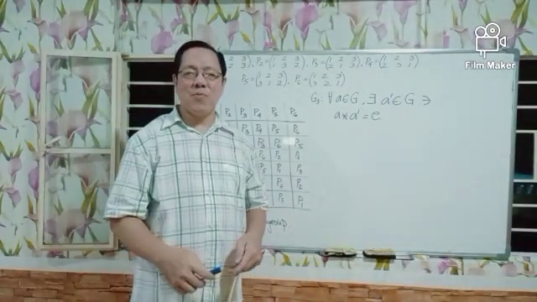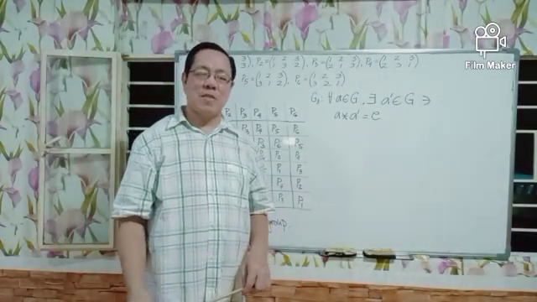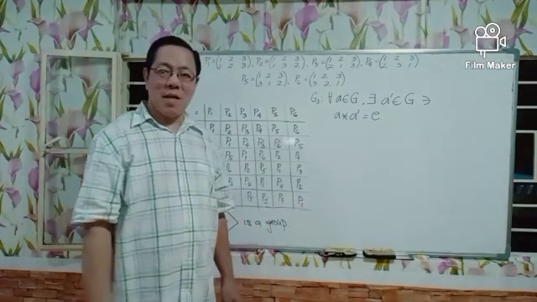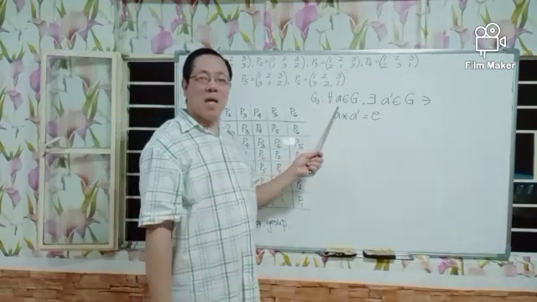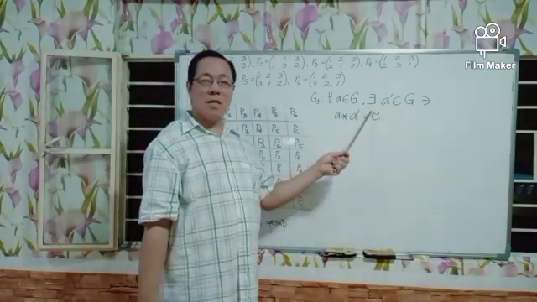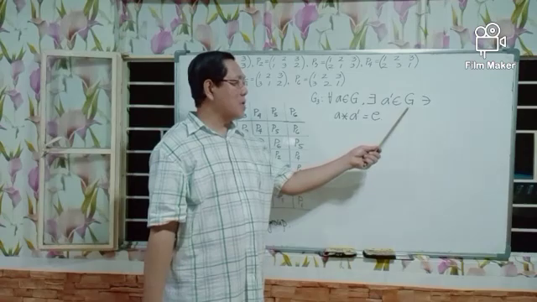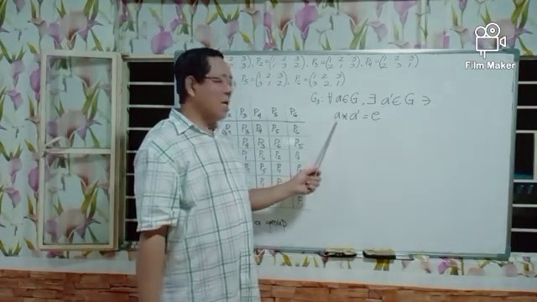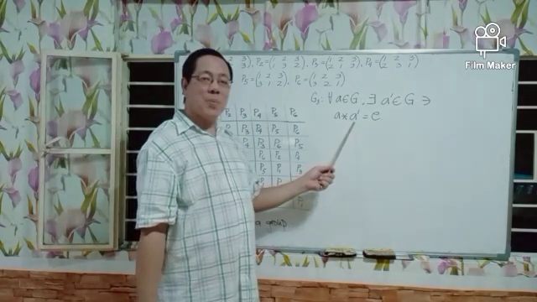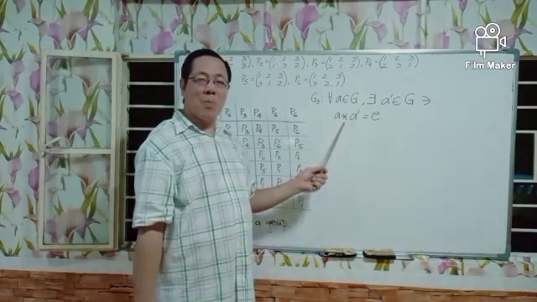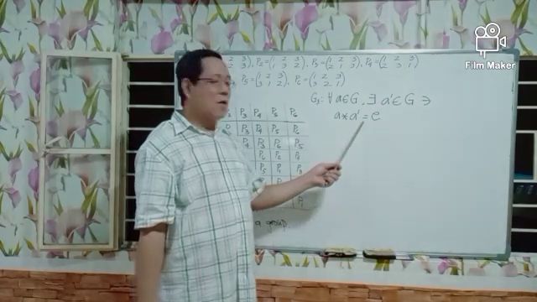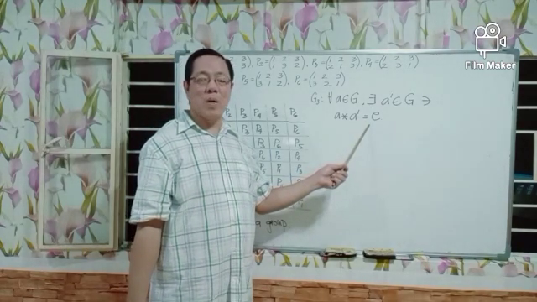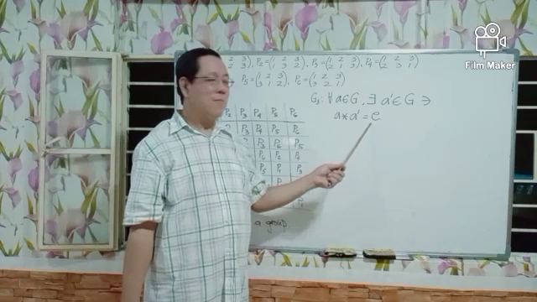The third property of a group, the existence of an inverse element for each element of the non-empty set G, states that for every A element of G, there exists an element also of G, denoted by A prime, such that if you combine A with A prime by the binary operation star, the result is the identity element of the group, or the non-empty set G.